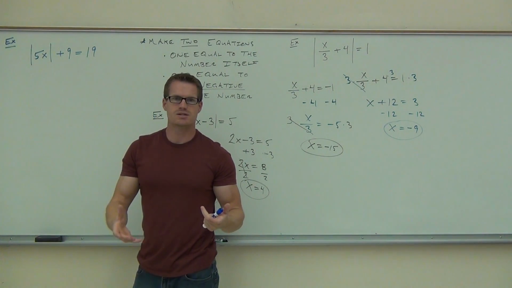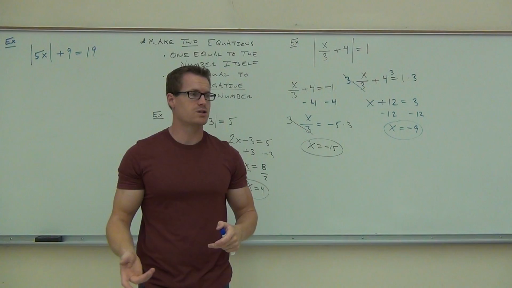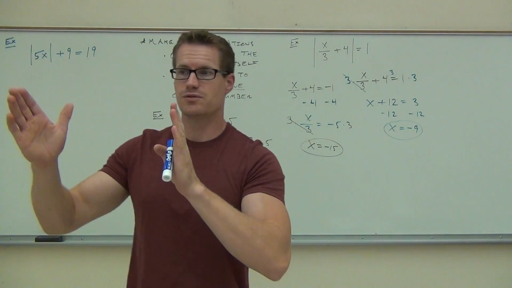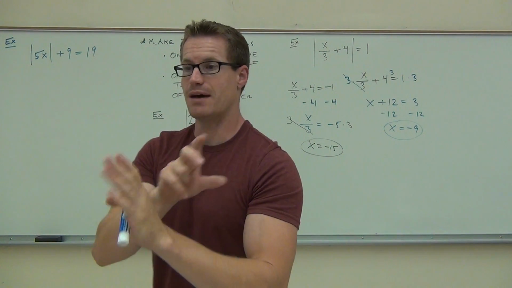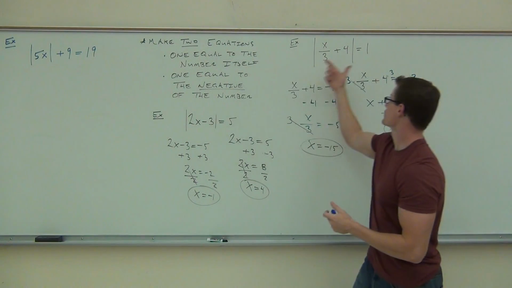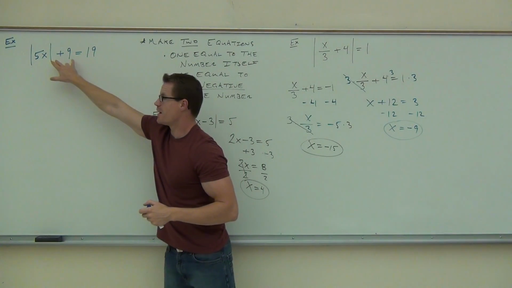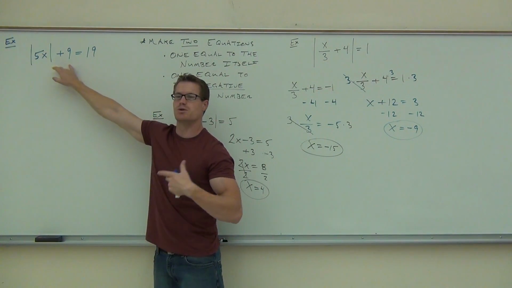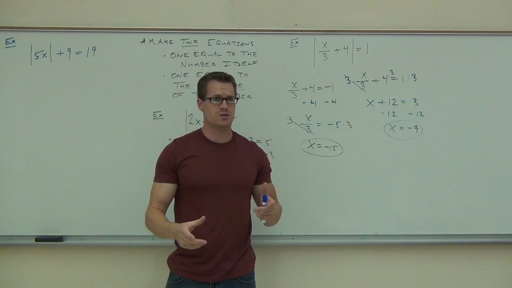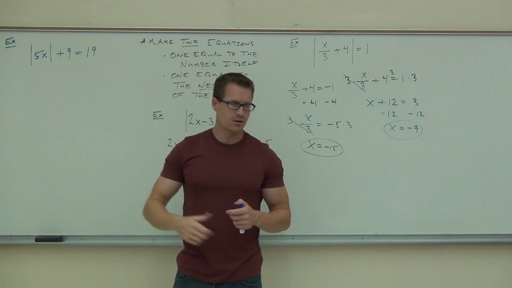So the key here is that if we're going to solve these absolute value equations, you have to have absolute value equals a number. It has to look like this, or it has to look like this. Once we have this number at the back end of that, that's something we have to deal with first before we set up our two equations. Are you with me, folks? So I'm going to make a little note up here.